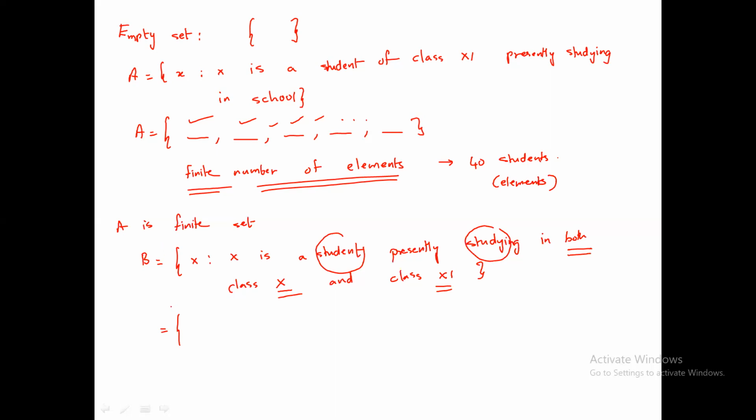So, we can find no student studying in class 11 as well as class 10. No such student exists. So in my set, I cannot write any student's name. No student, no element. That means this is empty set. B is empty set.